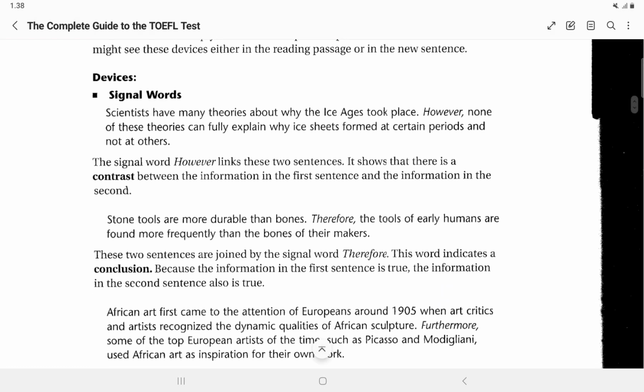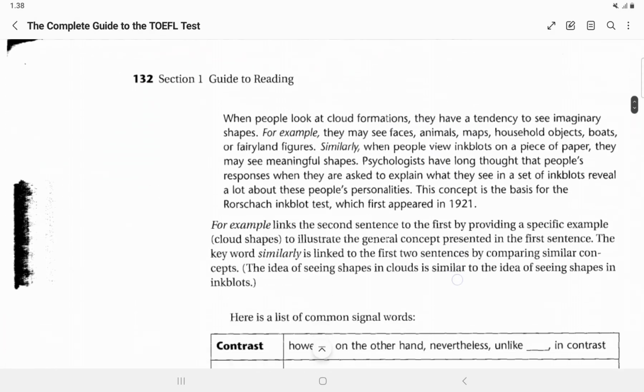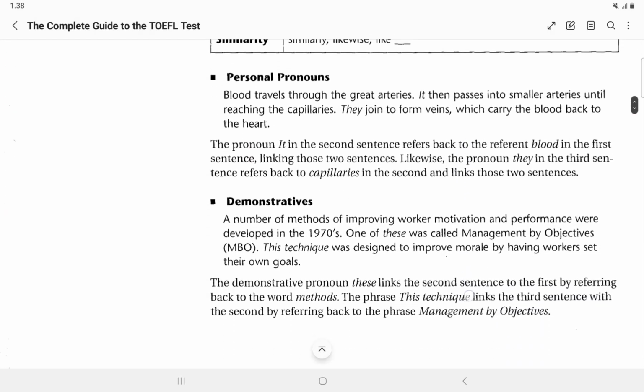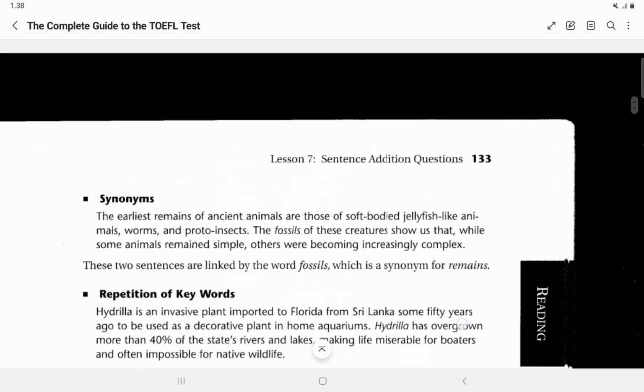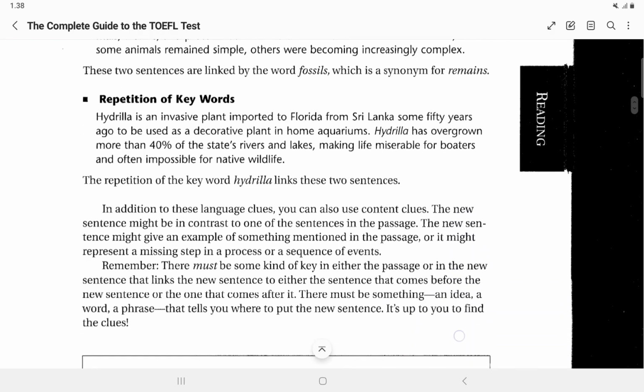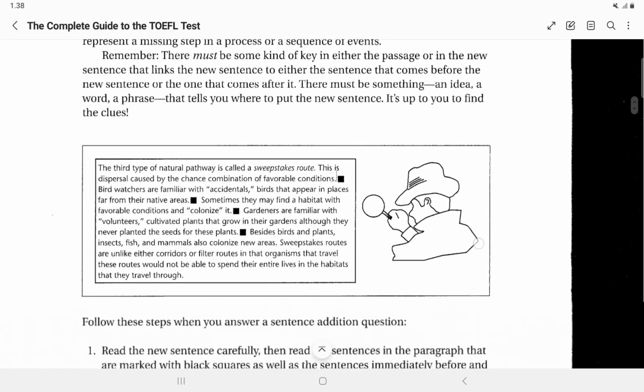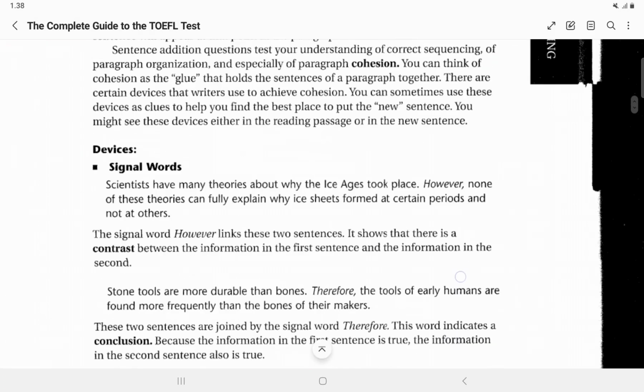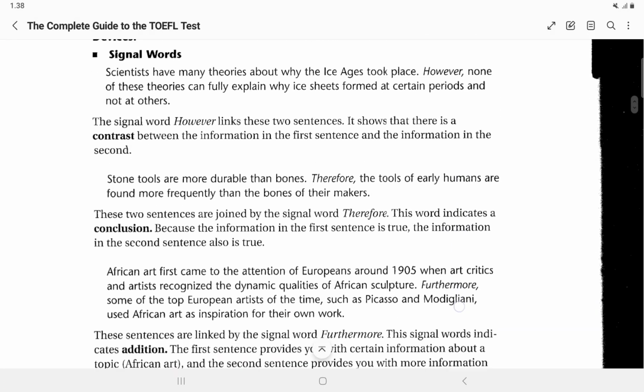Devices: signal words, personal pronouns, demonstratives, synonyms, repetition of keywords. Okay, let's look at the first one. Signal words. Scientists have many theories about why the ice ages took place.